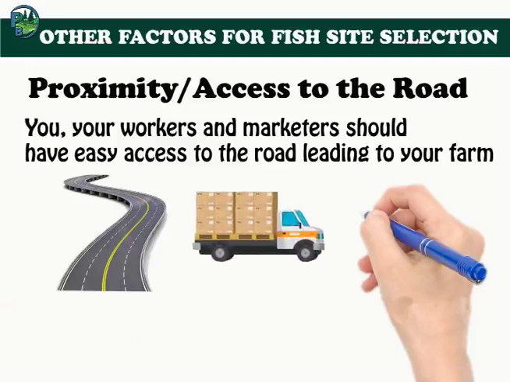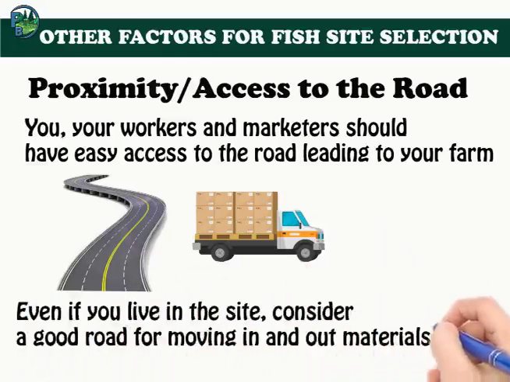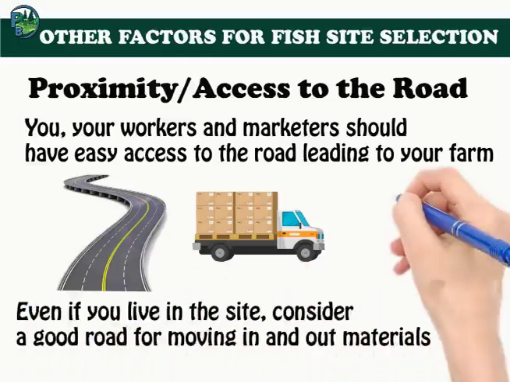Except you live in the site, you may consider proximity to good road for you to be able to move to farm every day. Even if you live in the site, consider a good road for moving in and out materials.